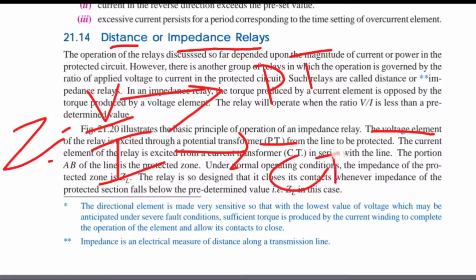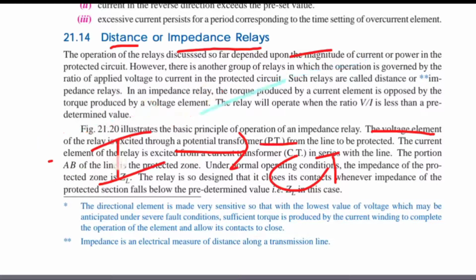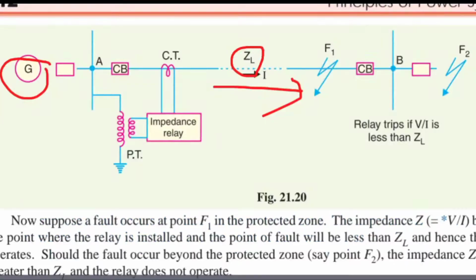Hence an impedance relay must consist of a CT and PT. The voltage comes from the PT and the current from the CT, and the ratio will be calculated by the impedance relay.